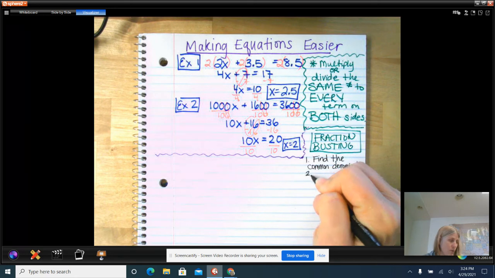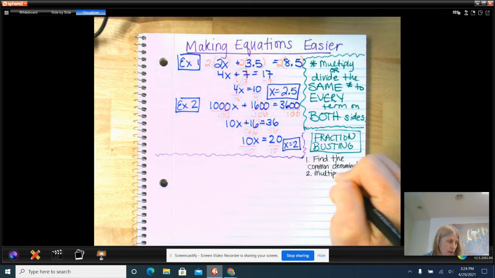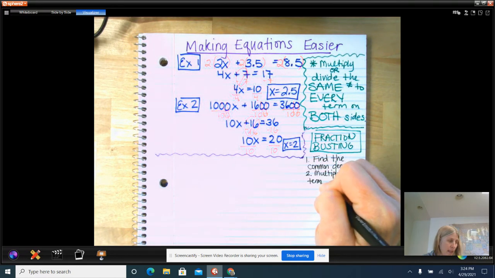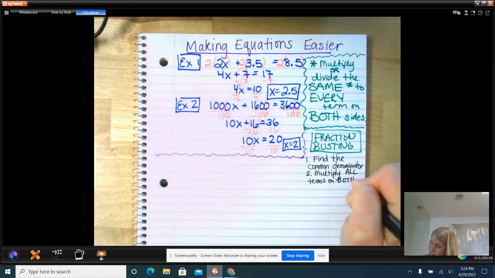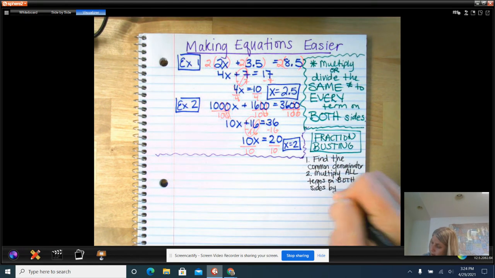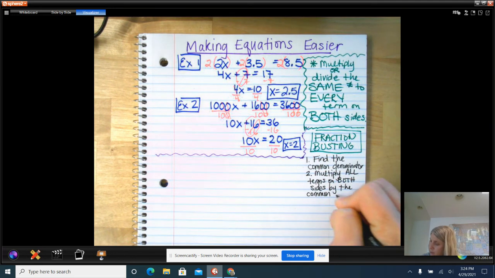Step number 2 is multiply all terms on both sides by the common denominator.